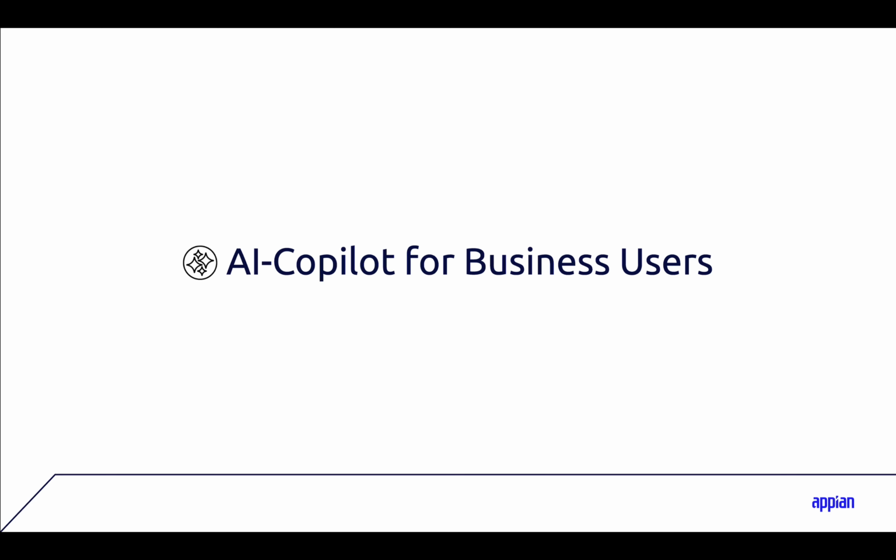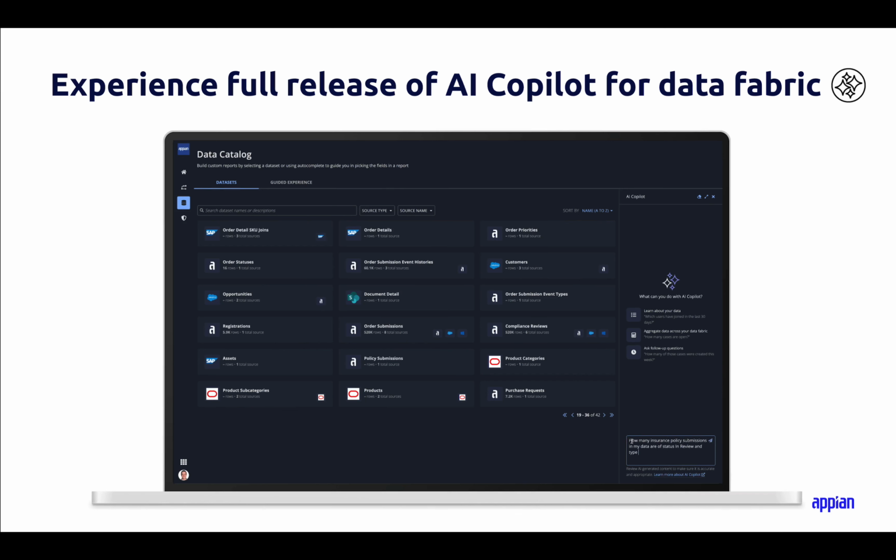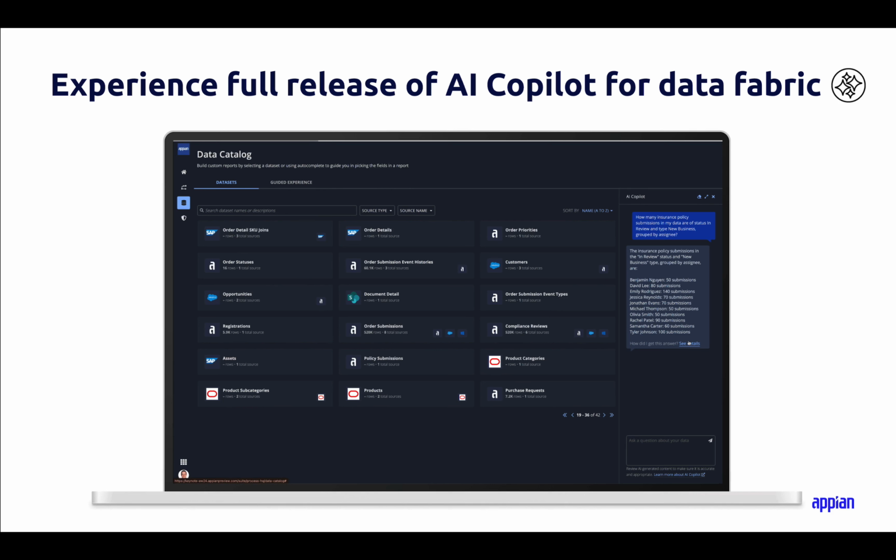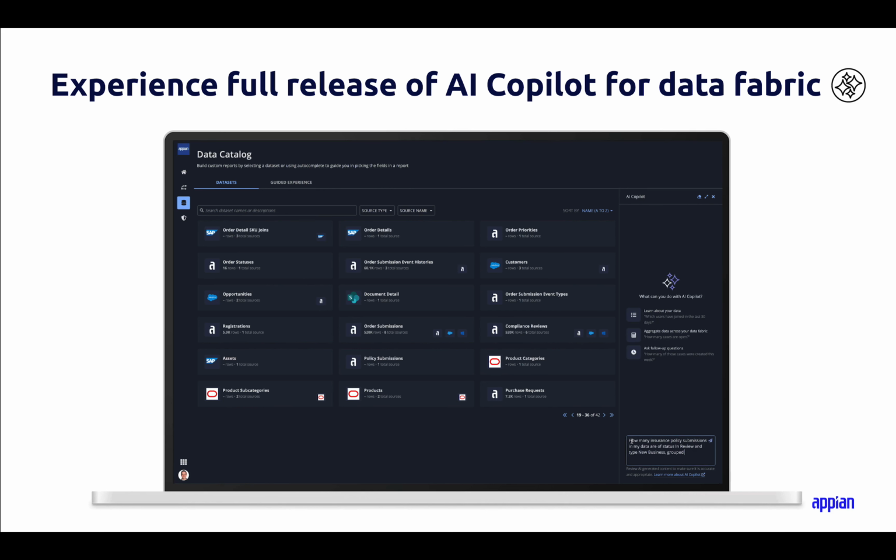Moving on to new features for AI-Copilot for business users. We're excited to announce the full release of AI-Copilot for Data Fabric, featuring faster response times and a better overall experience. You'll notice up to 40% faster responses, making your interactions with AI Copilot more efficient.